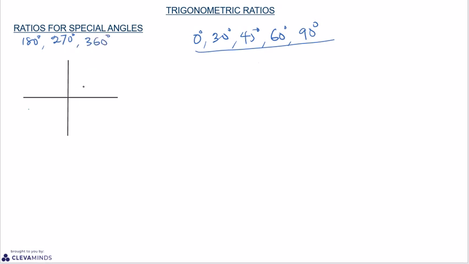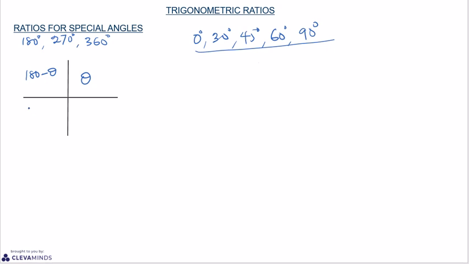Recall that all angles in the first quadrant are strictly less than 90. You can call it theta. Here, we have 180 minus theta, because they're actually greater than 90 but less than 180. That falls in the second quadrant, where sine is positive.